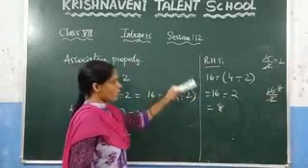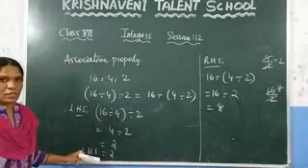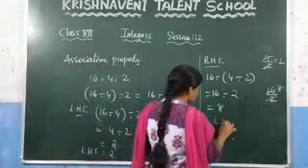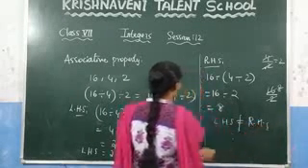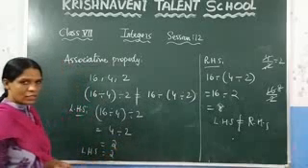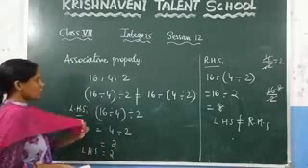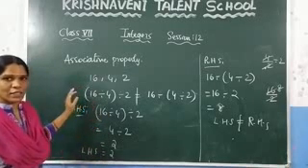So by doing the RHS you got the answer as 8, and by doing the LHS you got the answer as 2. From this you can say that the LHS is not equal to RHS. You can conclude that these two values are not equal. So by seeing this example, you can conclude that the associative property under division does not hold good for integers.